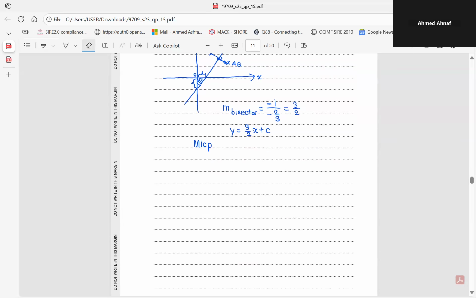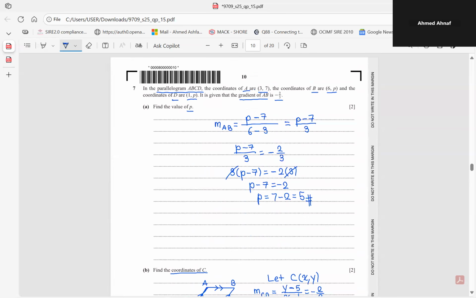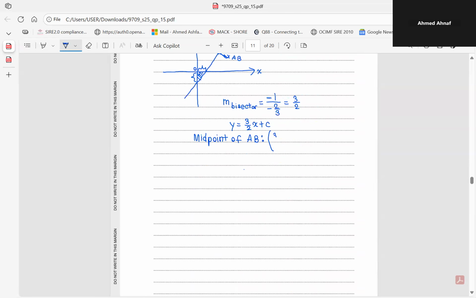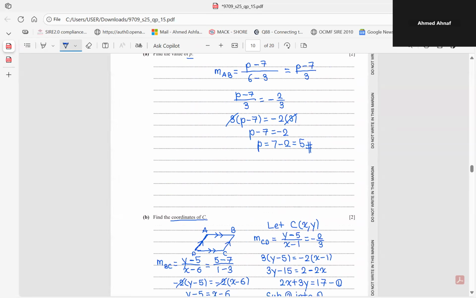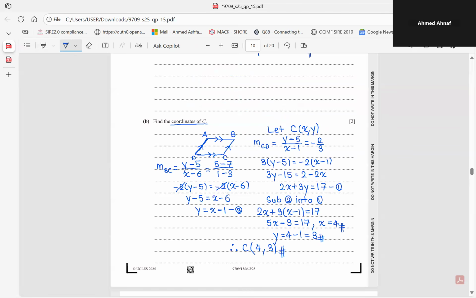Okay. Midpoint of AB. You would get A is (3 plus 6)/2, comma, (7 plus p)/2.